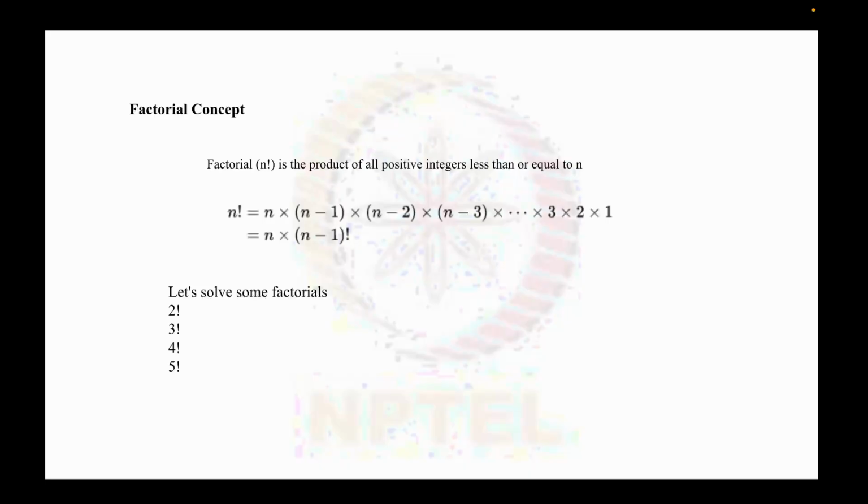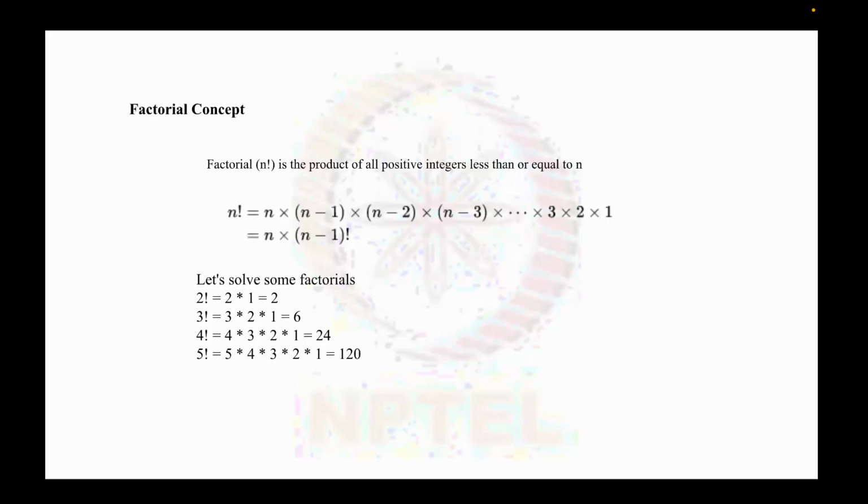Okay, thank you. As I mentioned, factorials are the product of all positive integers less than or equal to the given value. So 2 factorial is 2 into 1, 3 factorial is 3 into 2 into 1, 4 factorial is 4 into 3 into 2 into 1, and 5 factorial is 5 into 4 into 3 into 2 into 1.